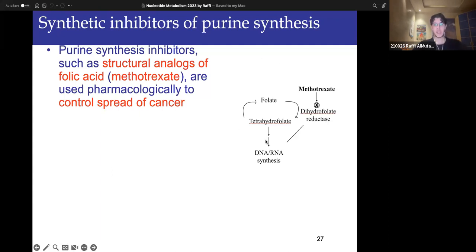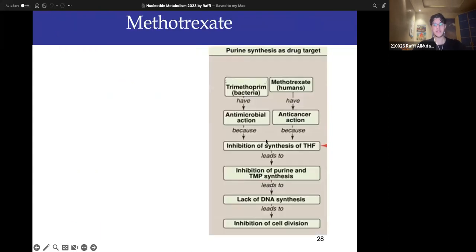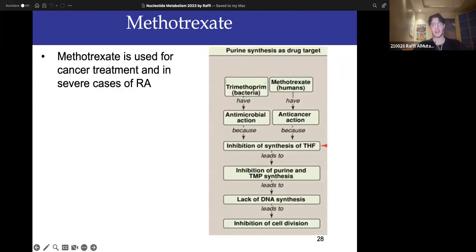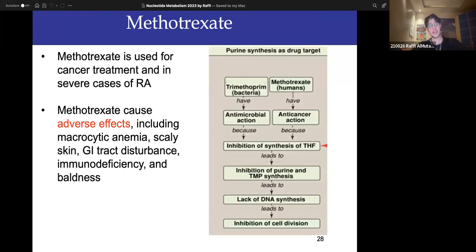So yeah, we give this drug methotrexate for conditions such as cancer. We can give it in rheumatoid arthritis. The thing is, methotrexate is kind of stupid, meaning that we have cells that we want to stop, and we just stop all of the cells as a whole. The idea is that there are some bad people there, so let's just get rid of everyone, and we get rid of the bad people.